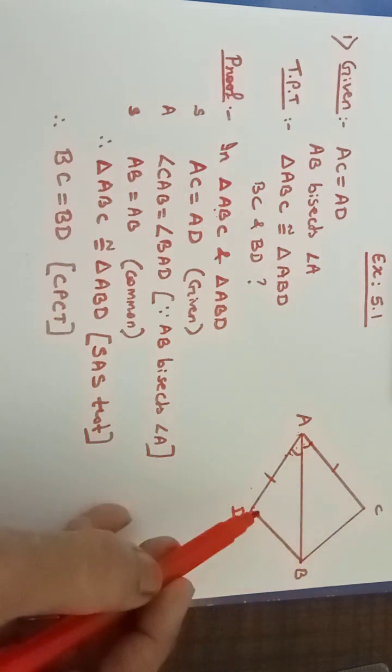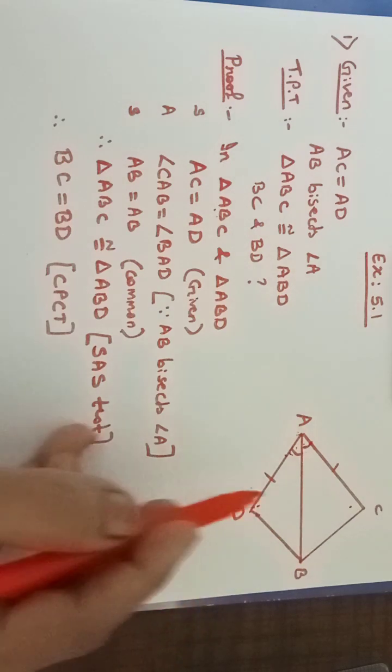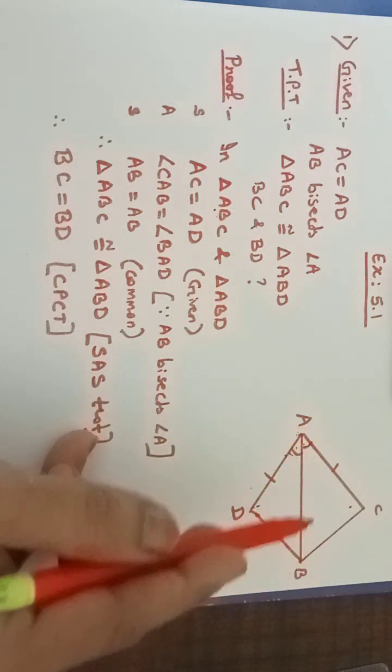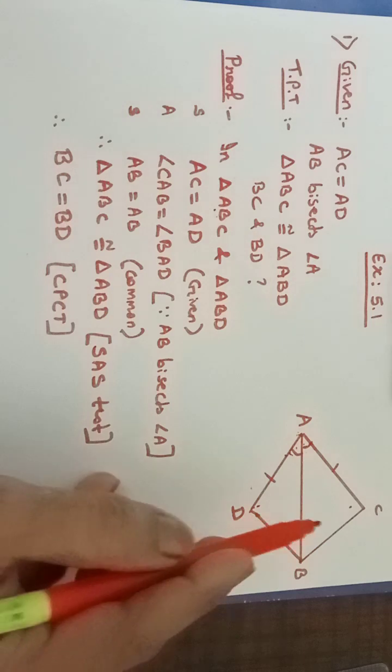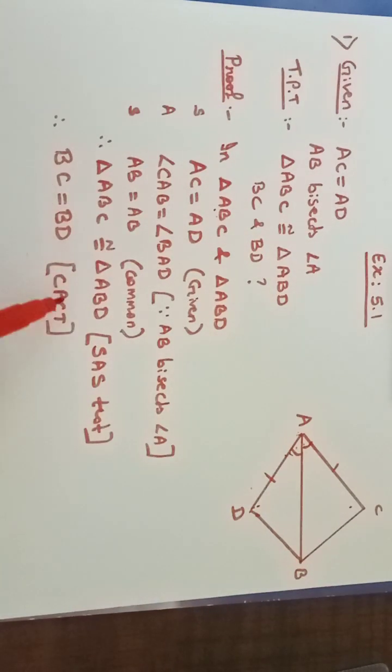So we can say BC equals BD, then angle C is equal to angle D. So all the remaining sides and angles are congruent. If two triangles are congruent, all the remaining parameters are also congruent to each other. That is the meaning of CPCT, corresponding parts of congruent triangles. This was the first sum.